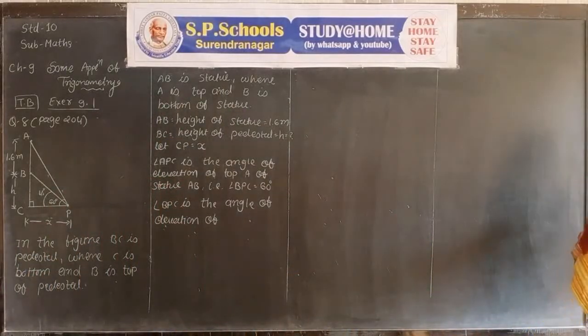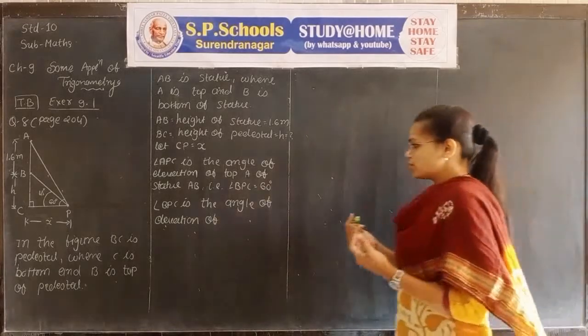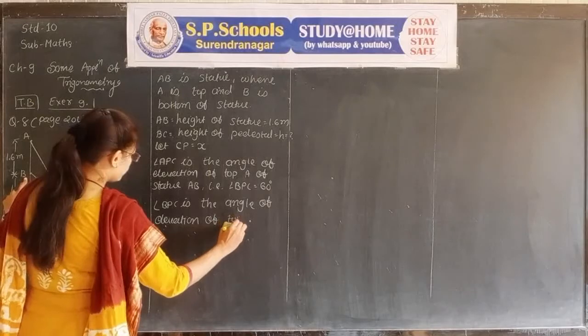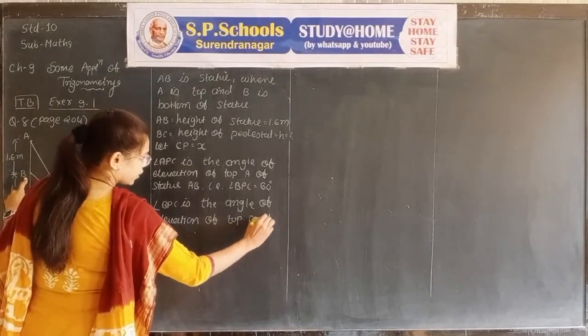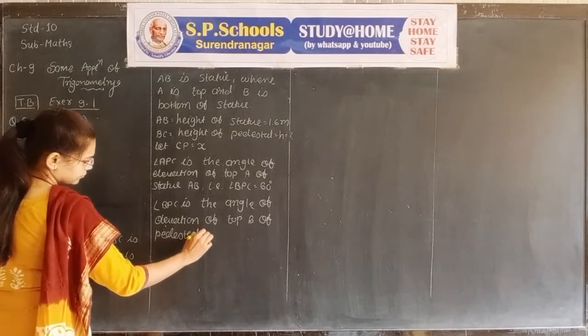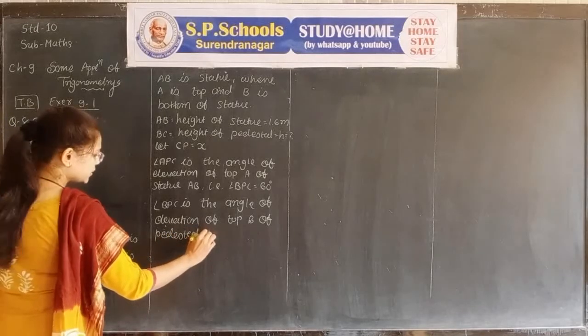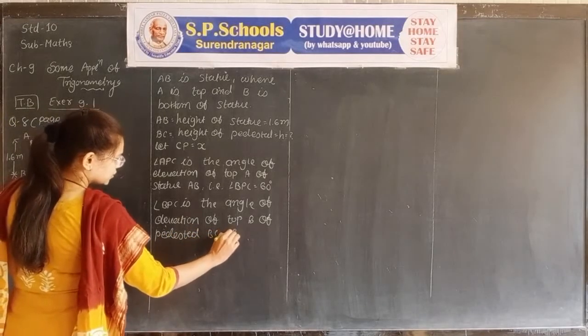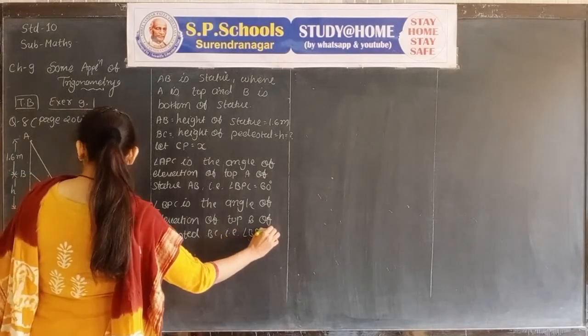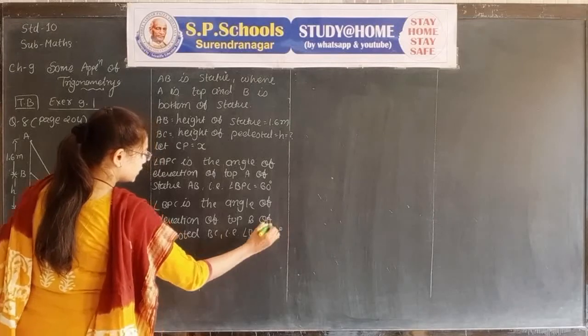As per our requirement, the angle of elevation of the top B of pedestal BC is given, that is angle BPC is equal to 45 degrees.